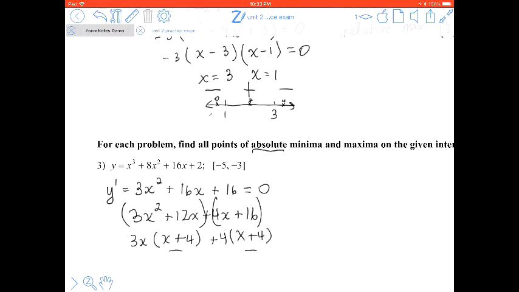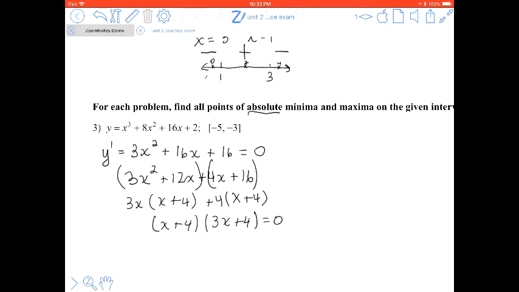And because both of those match, that makes it a common factor. So if you factor out the x plus 4, that leaves 3x plus 4. So we have two values to consider. x equals -4 and x equals -4/3.